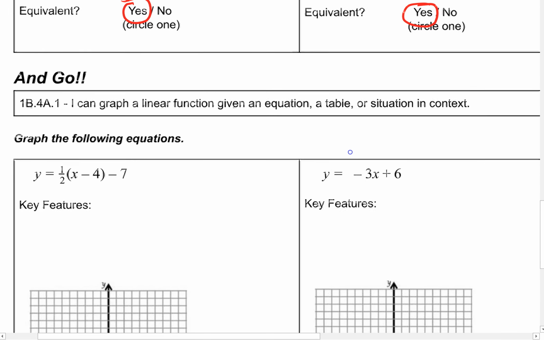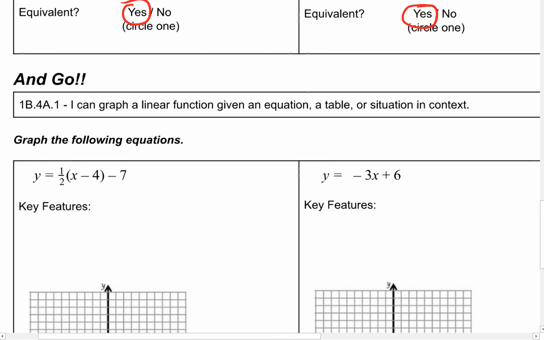Well, for our last problems, thank goodness we have some friendly review right here, and we're going to jump on in and take a look at graphing once again.